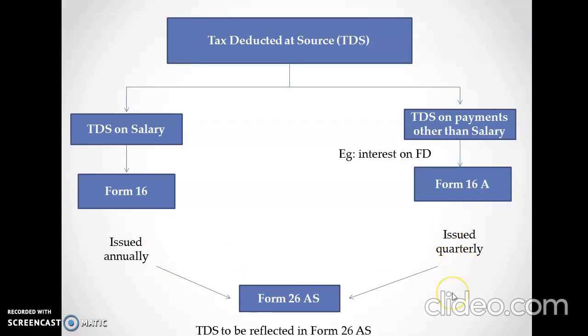Both these forms will be visible in Form 26AS. In that form, your Form 16 and Form 16A should reflect. That means the TDS which has been cut by the deductor, your payer, should reflect in your 26AS. So you can be sure that the TDS which is deducted is actually deposited with the government.